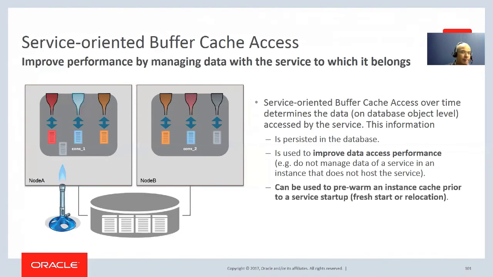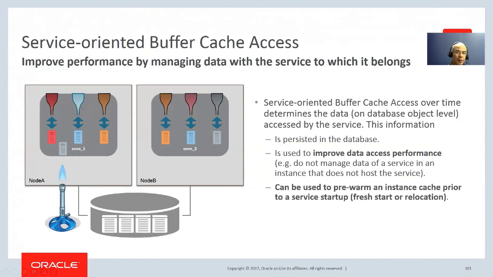Oh, that's another thing I forgot to point out. The other advantage of this feature is that since we now know which blocks and which services are related, in case there's a planned downtime for singleton services, we can pre-warm the cache. Let's say you're connected to node 2 and the buffer cache is populated with the sales table for users who connect using the sales service.